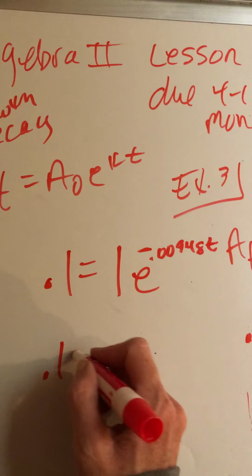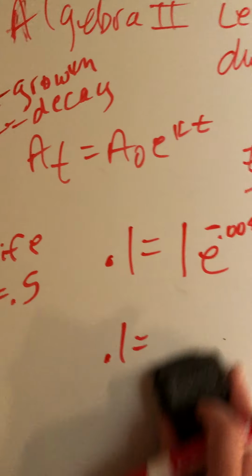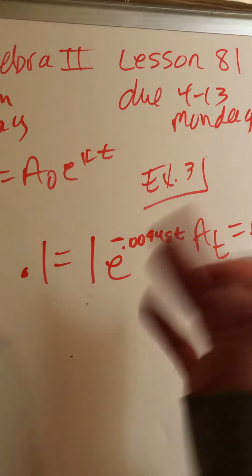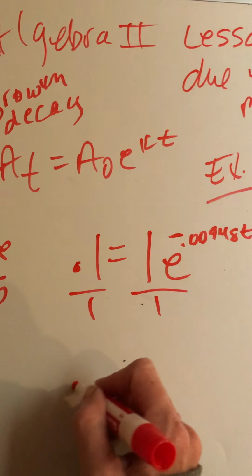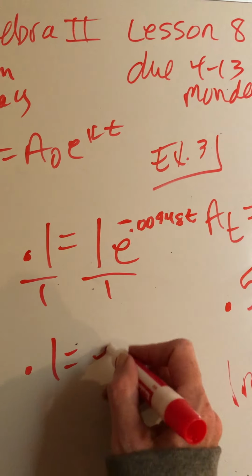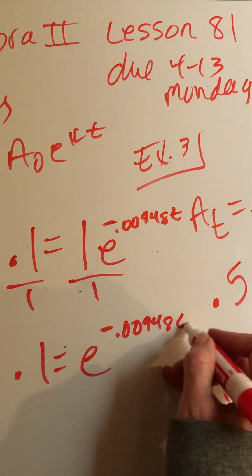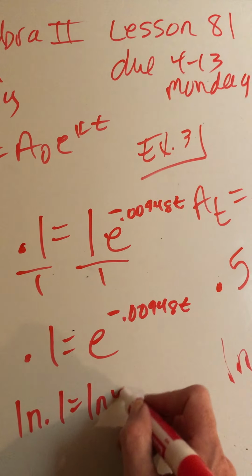So 0.1 equals, actually, we just need to go straight to taking the ln of both sides because 1 times e, or we could divide by 1, because if it was anything but 1, we'd need to go ahead and divide by it. So then you take the natural log of both sides.